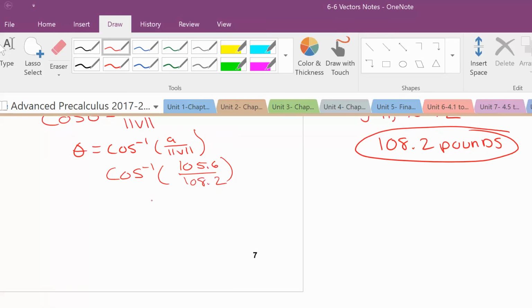So the cosine inverse of this gives us that theta is 12.6 degrees. So the magnitude is 108.2 and the direction is 12.6 degrees.